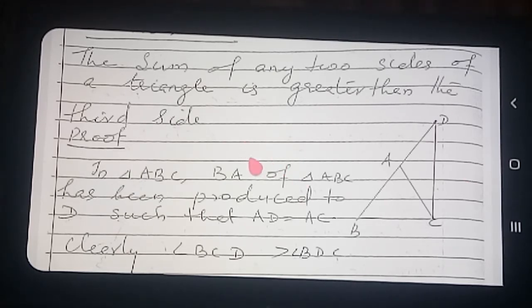While adding and seeing, you can see that the sum of two sides is always greater than the measurement of the third side. If it is not happening in such a way, it is not a triangle. So in a triangle, a very important property is this one: the sum of any two sides is always greater than the third side. Got clear? The proof I have also simply written here. It is not that much necessary.